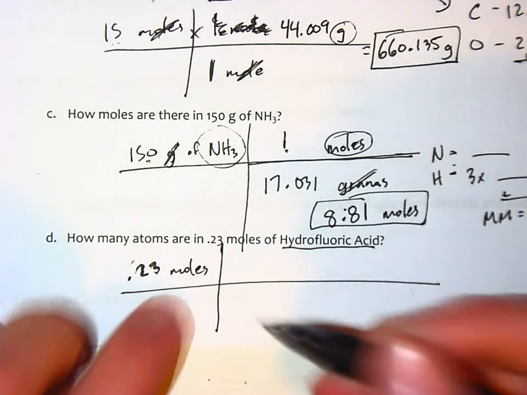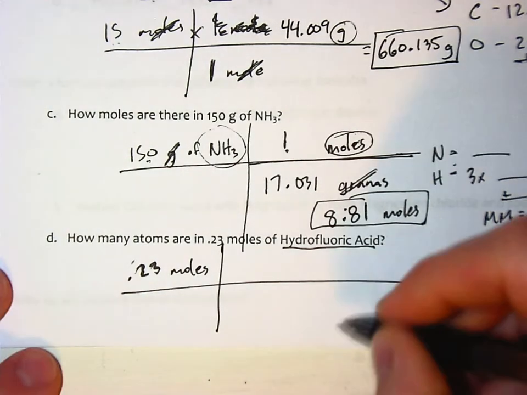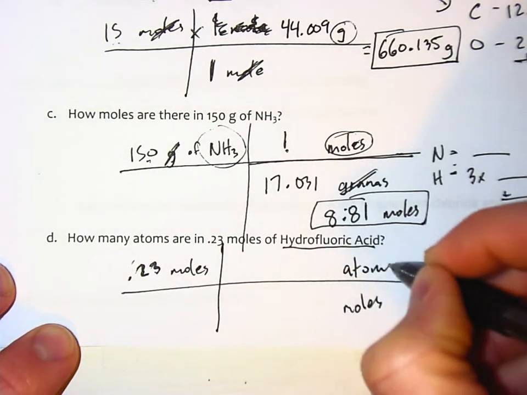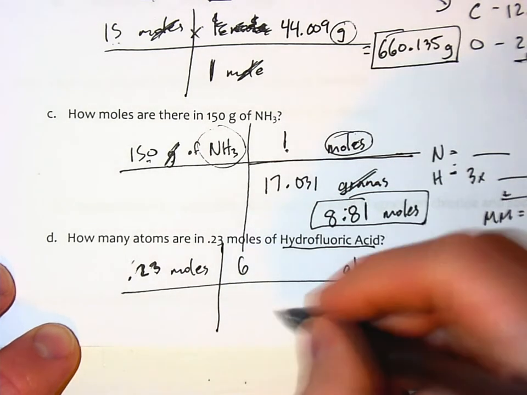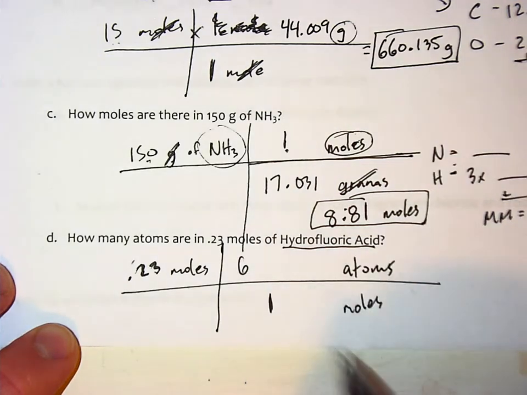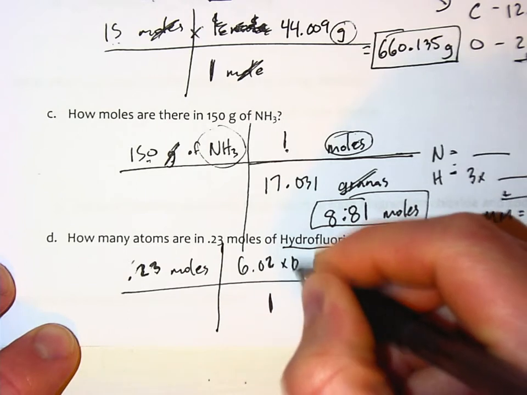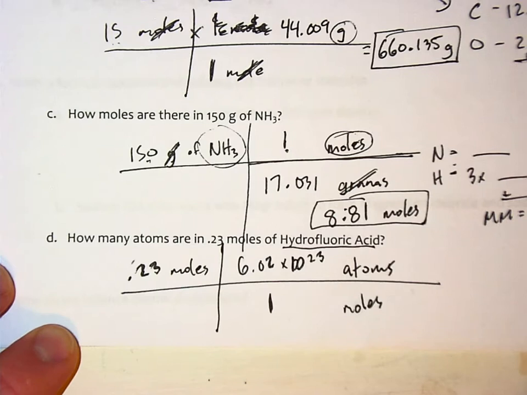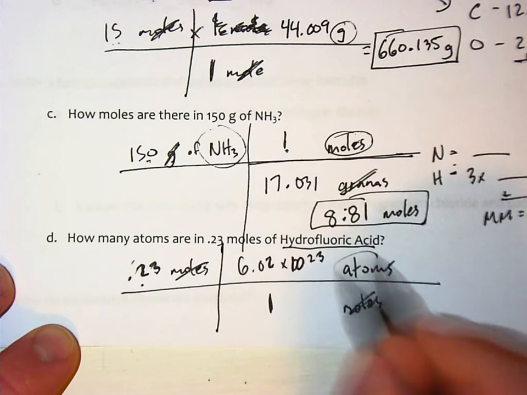Okay, so moles here, and I want to get to atoms. So I know that moles is going to go on the bottom. Atoms is going to go on top. So any 1 mole of a substance, so 1's on bottom, is equal to Avogadro's number in atoms, 6.02 times 10 to the 23rd. Okay. So 0.23. So moles cancel. I'm left with the units I want.